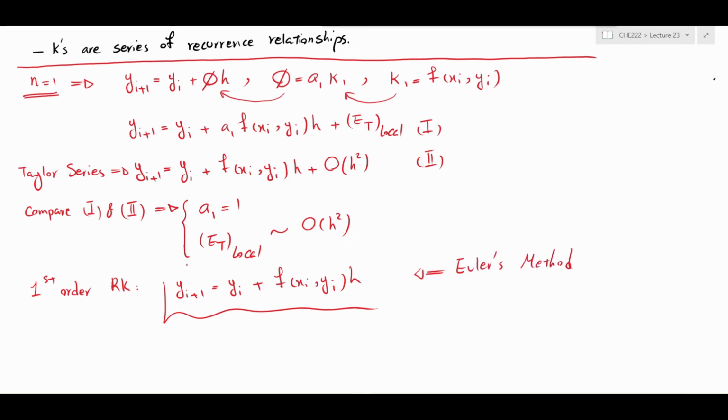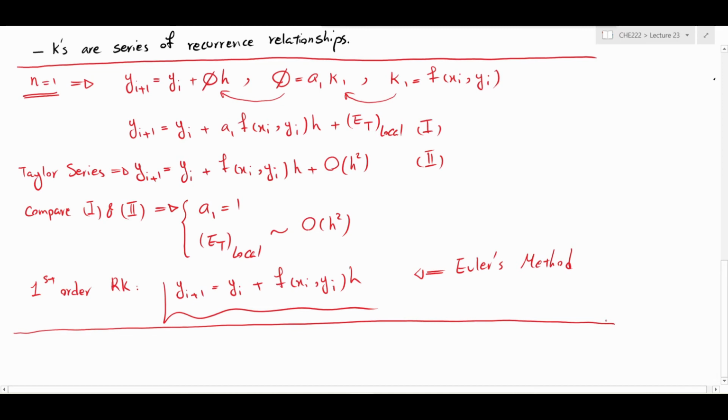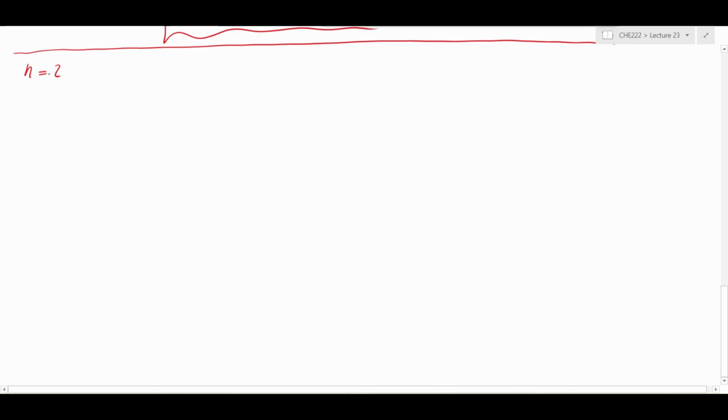The next example will be a bit more complicated, but again that will help you to understand this general form of Runge-Kutta method, and for that I'll just do the same thing for n equal to 2. Substituting n with 2 in the general form of Runge-Kutta yields this system of equations.